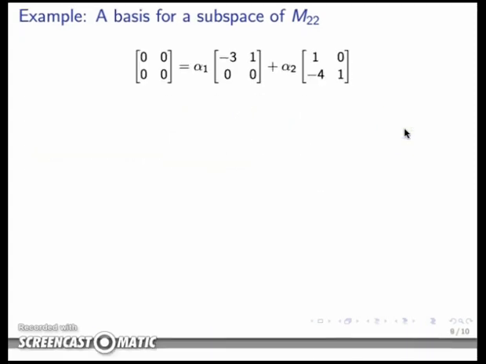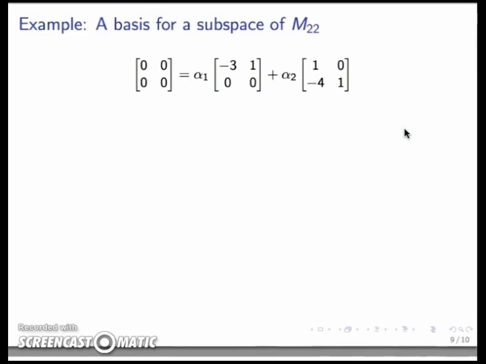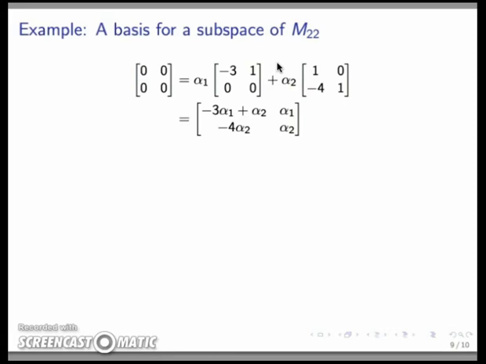Linear independence is addressed by writing a relation of linear dependence, which in this case would look like 0 equal to the linear combination, where alpha 1 and alpha 2 are scalars, of the elements of the set we are trying to determine are linearly independent. We translate this linear combination into a matrix equation, the 0 matrix equated with this 2 by 2 matrix.